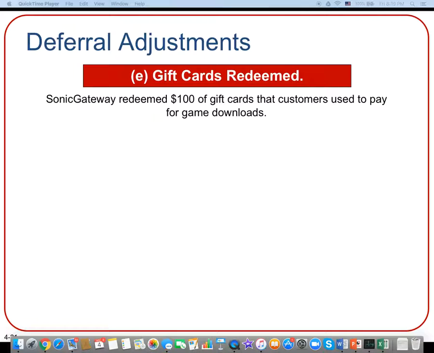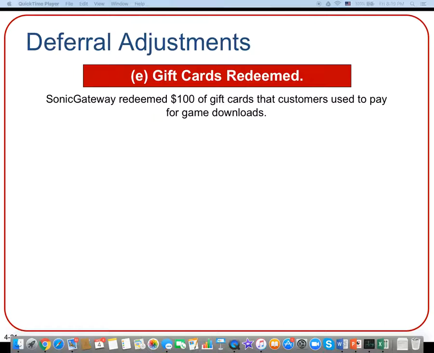The gift card is just your promise to your customer, and it's not revenue yet, because you haven't fulfilled your promise until your customer comes in to redeem the gift card. You cannot record your revenue. Now, this company redeemed $100 of gift cards that the customer used to pay for game downloads.